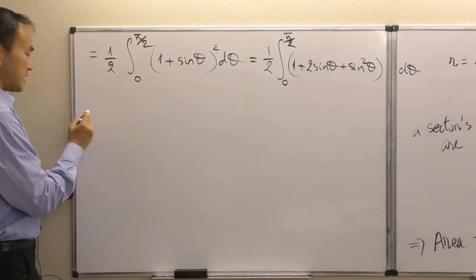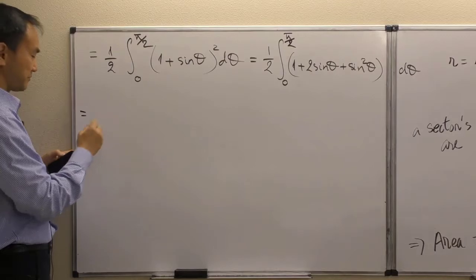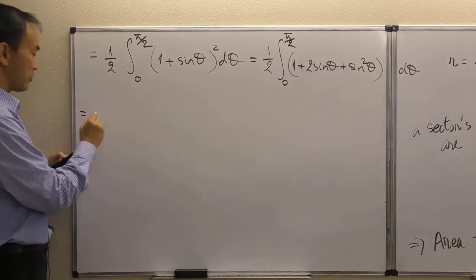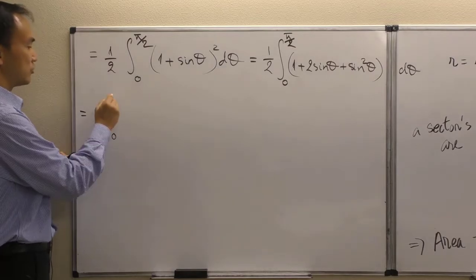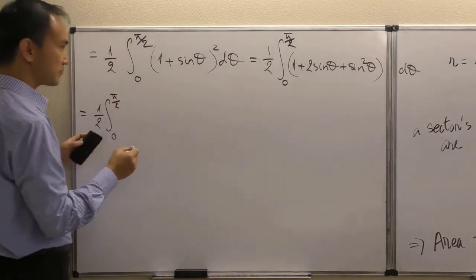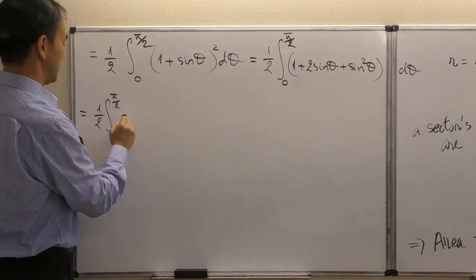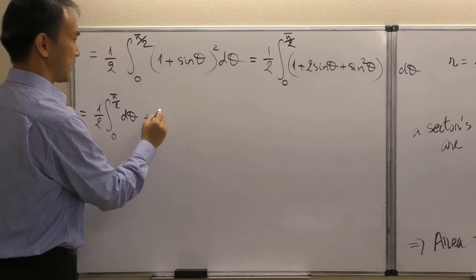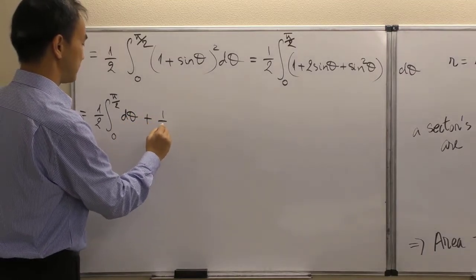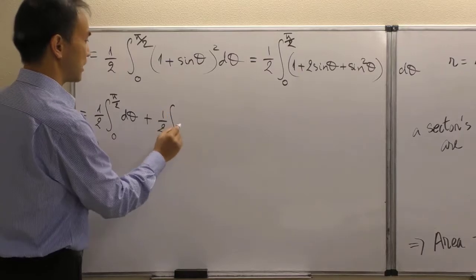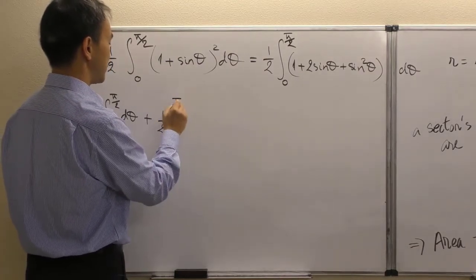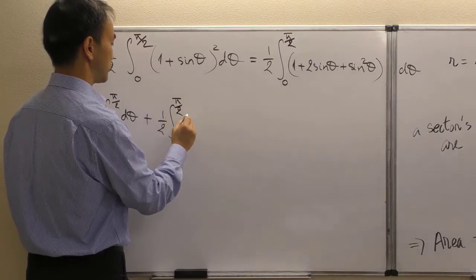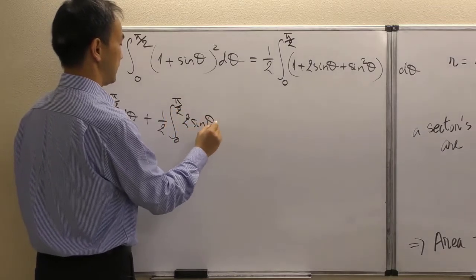All right, so that's the integral. And so in the next step, we can think of that as 3 separate integrals. One of them is a 1/2 with the integral from 0 to pi over 2 on d theta, plus the next one is a 1/2 times the integral from 0 to pi over 2 on 2 sine theta d theta.